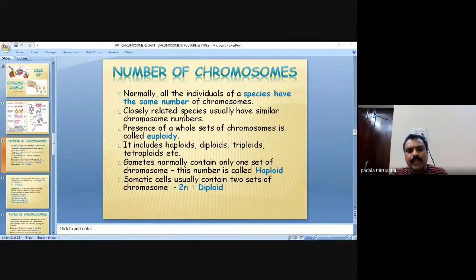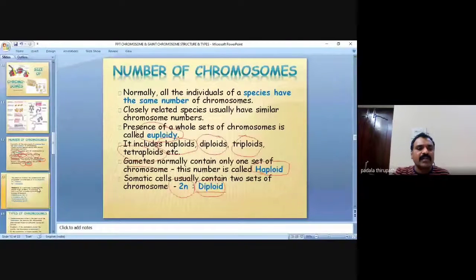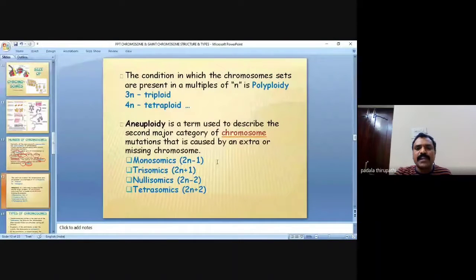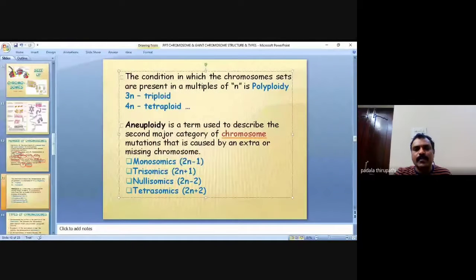The next one we are going to discuss is aneuploidy. Aneuploidy means the whole set of chromosomes is not possessed, but there is loss of a chromosome, or addition of one or two chromosomes. So in the aneuploidy condition we observe extra or missing chromosomes.